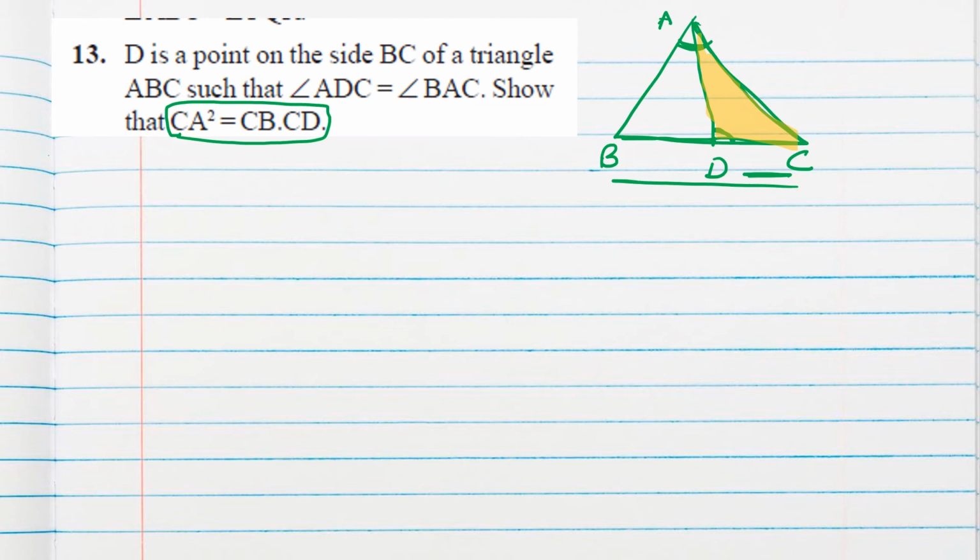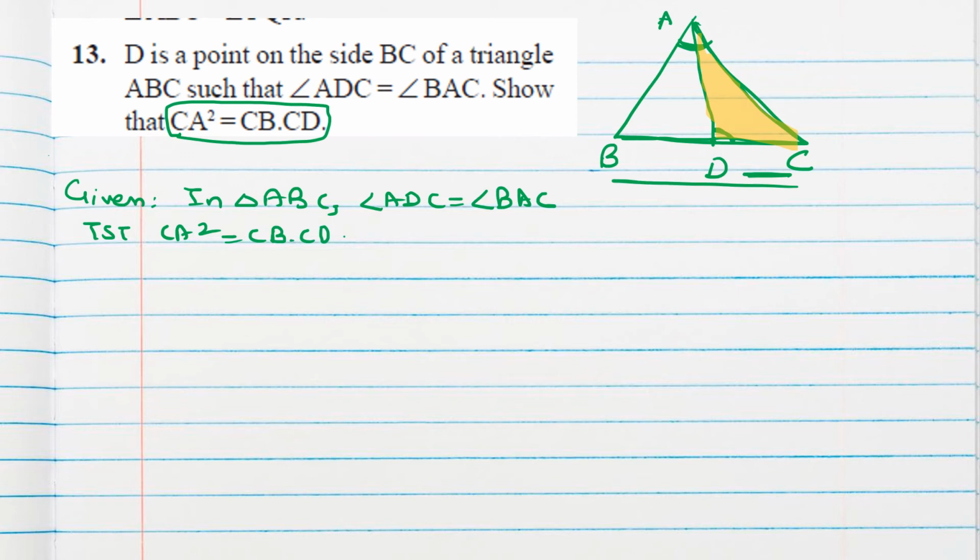So first we will write here, given: in triangle ABC, angle ADC is equal to angle BAC. To show that CA square is equal to CB into CD. Proof: we will consider both the triangles here.